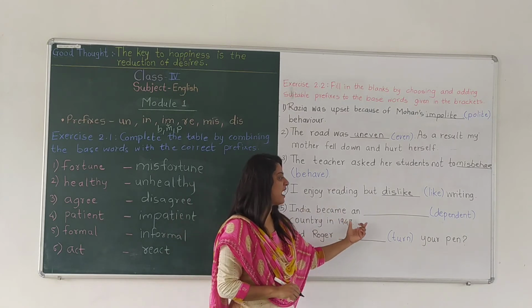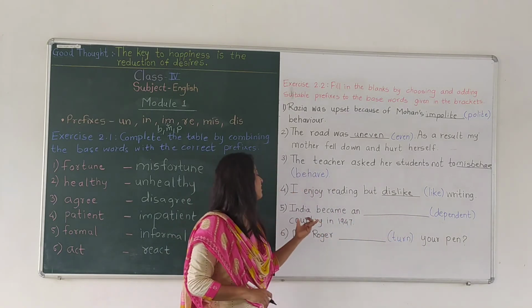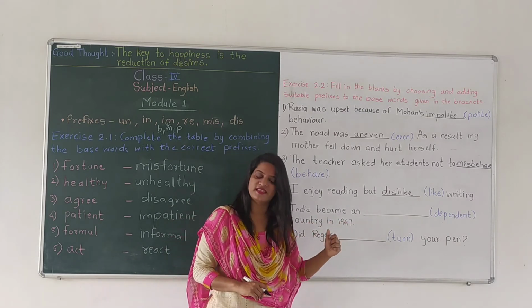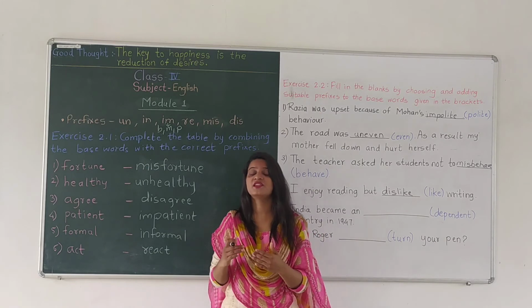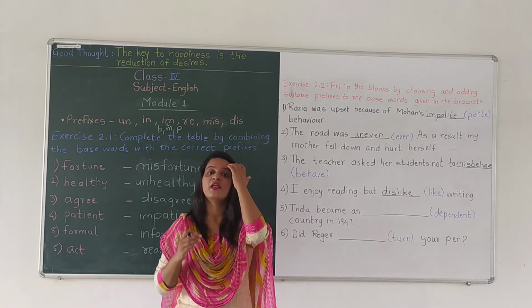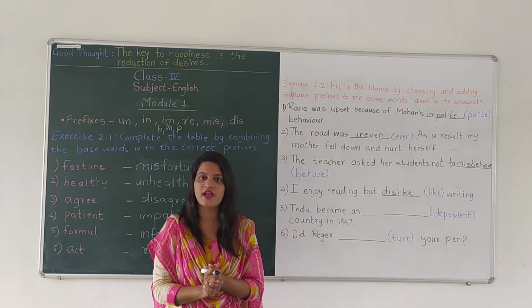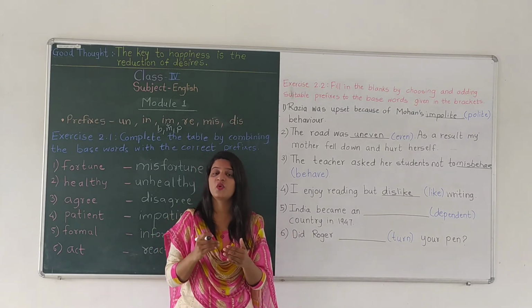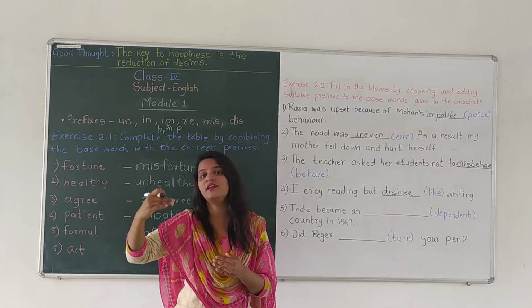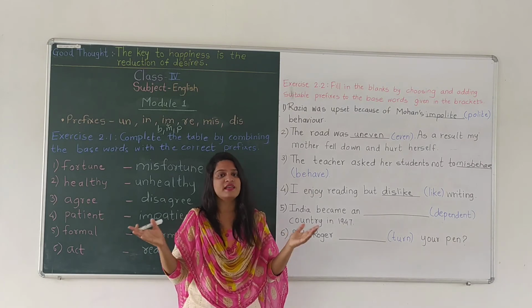India became an dash country in 1947. Now my dear children, the word dependent means to depend on someone. Before 1947, Britishers were ruling over India for about 150 years. So India was dependent on Britishers at that time. But now India is free.